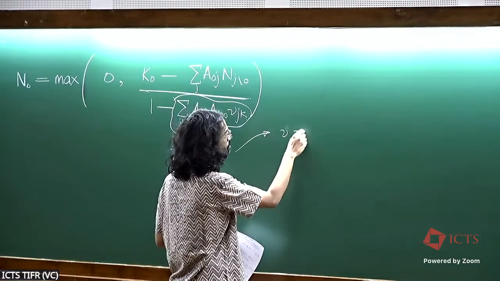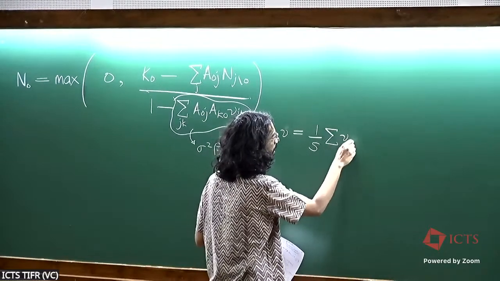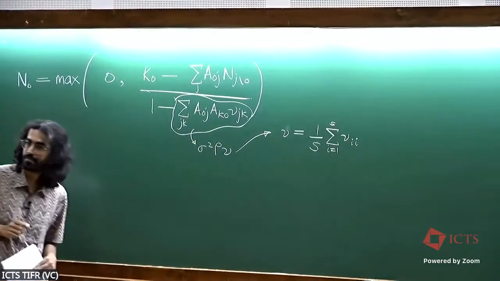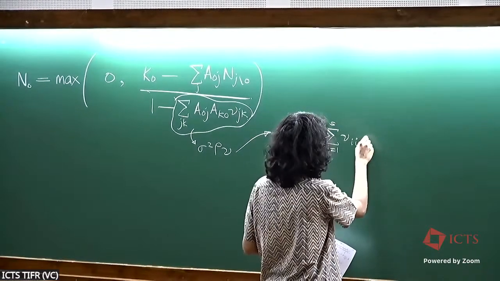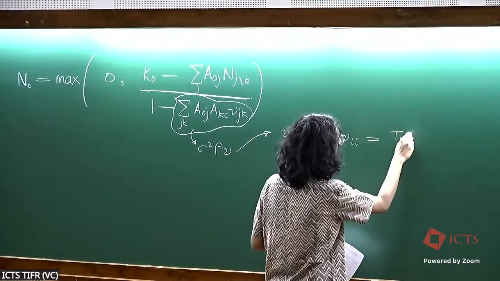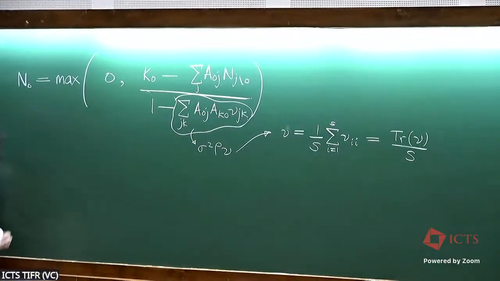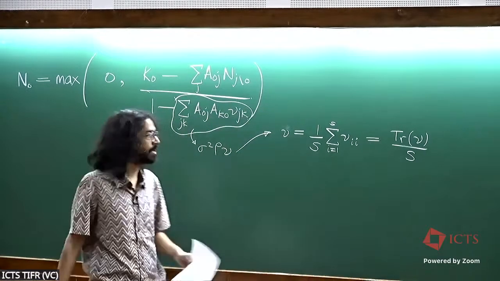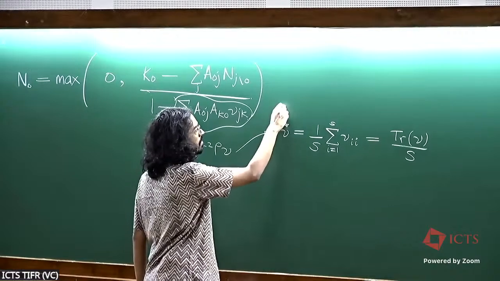And nu was basically the mean value of the trace of the susceptibility matrix, the mean value of the diagonal entries of this susceptibility matrix, right? So you can also think of it as the trace of the susceptibility matrix divided by S. Of course, in an infinitely large matrix, the trace is going to blow up, but the trace over system size you expect to be a finite quantity, right? So that's a number.